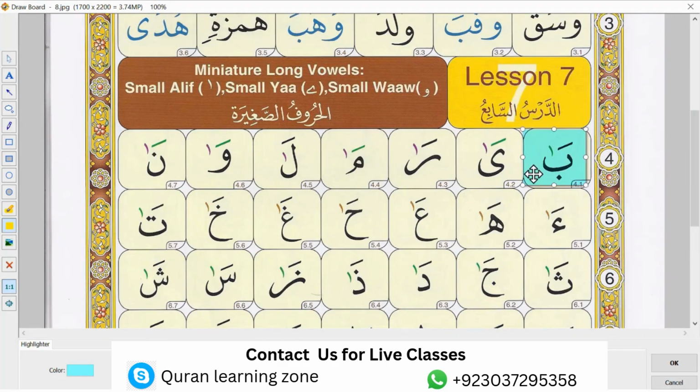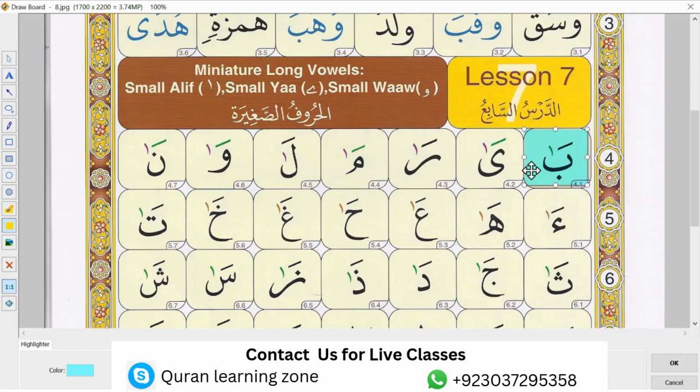Now you read with me. أعوذ بالله من الشيطان الرجيم بسم الله الرحمن الرحيم. Ba khadi zabar ba. Its length is just 1 second. These three signs, khadi zabar, khadi zir, and ulta pesh, have a length equal to 1 second.